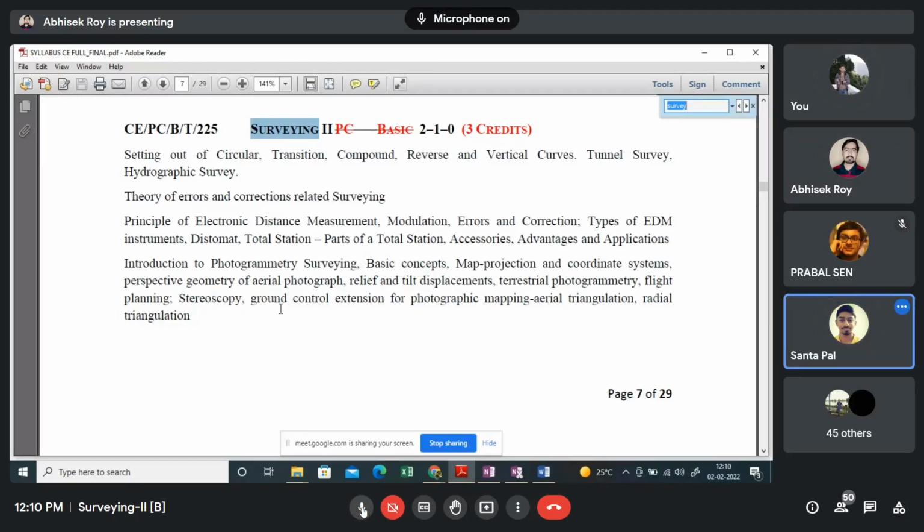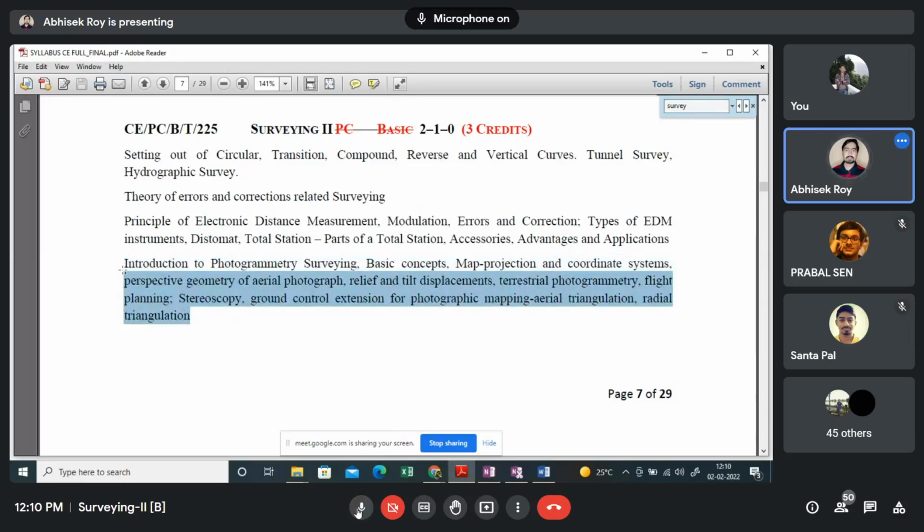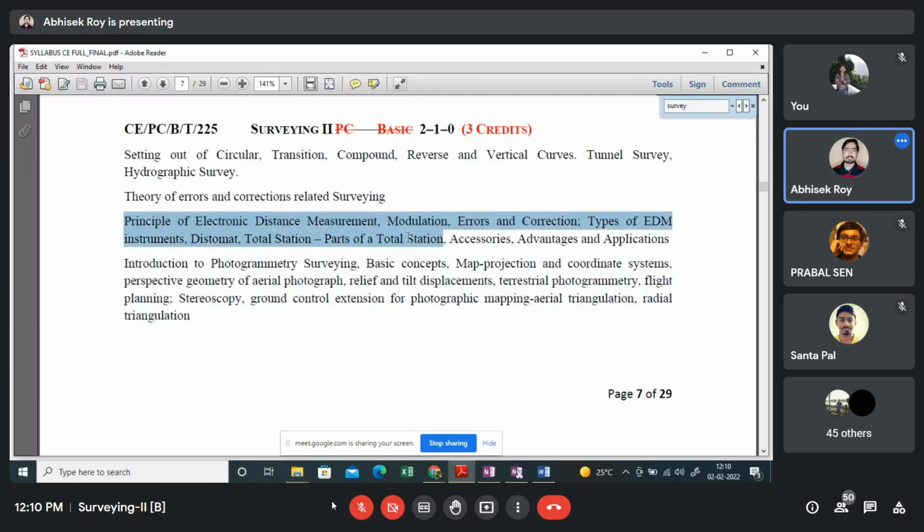GNB sir is taking photogrammetry and remote sensing. I will take mainly electronic distance measurements, principle of total station and its accessories, and advantages and applications.